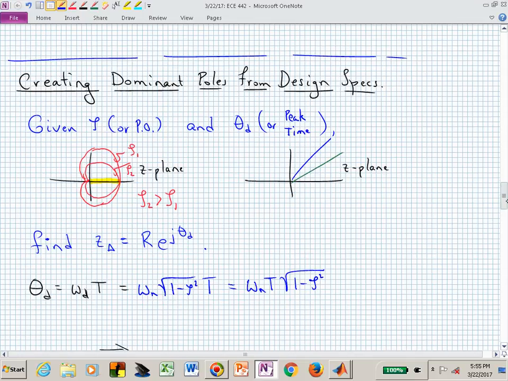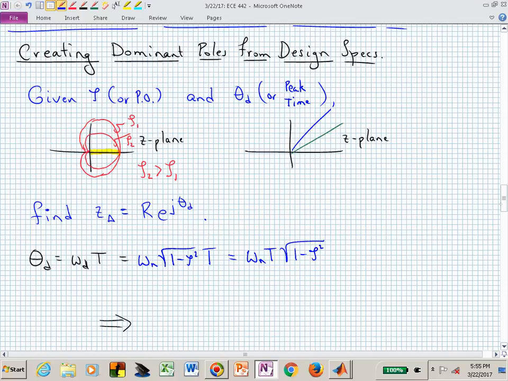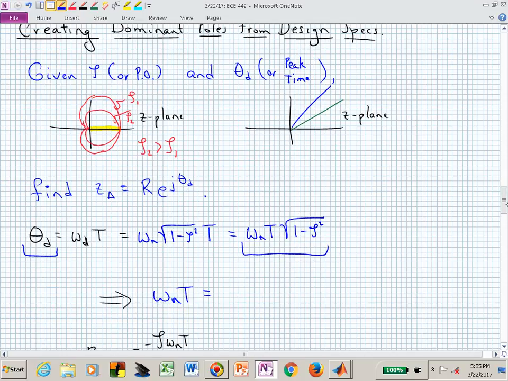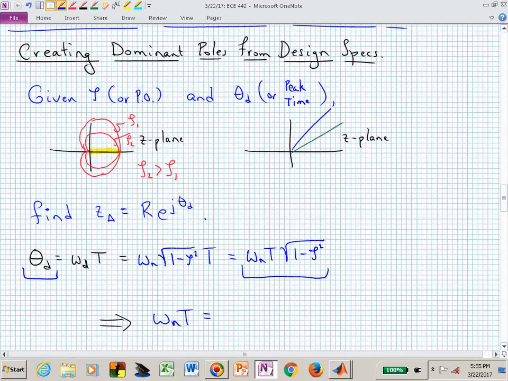So let's now use this relationship of theta sub d, omega sub n t, and the square root of 1 minus zeta squared and solve for omega sub n t. I'm now using this equal to that to solve for omega sub n t. That says that I now have theta sub d divided by the square root of 1 minus zeta squared.